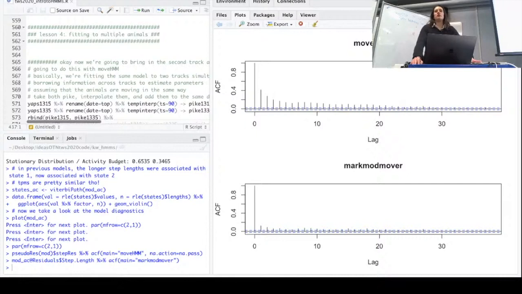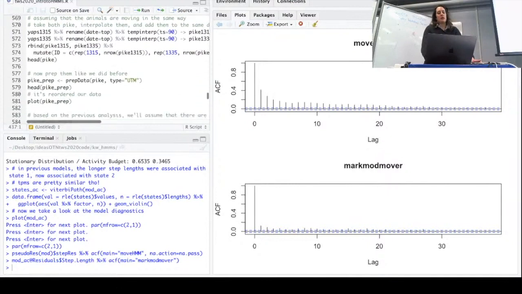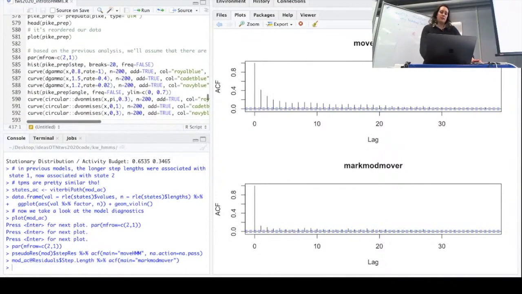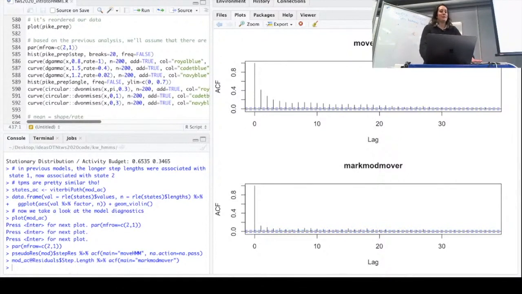You assume those, and then you estimate those parameters across those multiple animals. You can do that with moveHMM. The machinery is there to do it in Markov mover as well, because that's how Ethan deals with data gaps, basically temporal gaps. I don't think it's functionally available, but you could hack it for sure, or we could hack it.